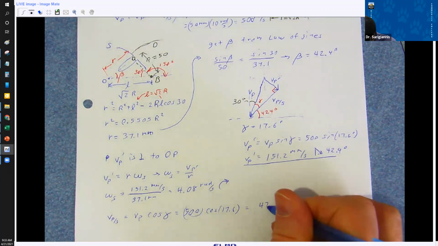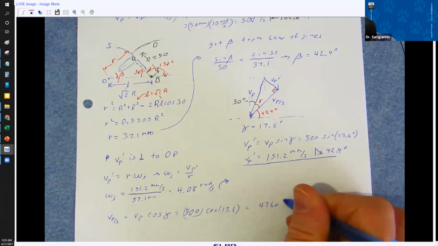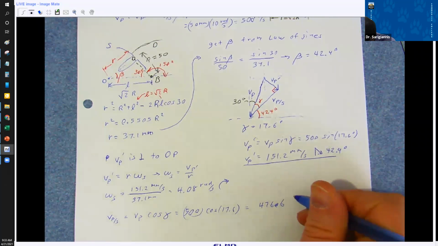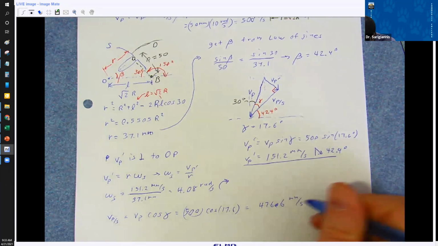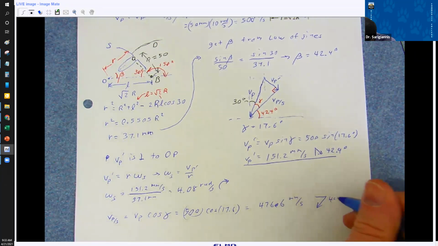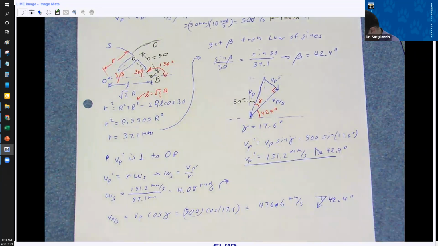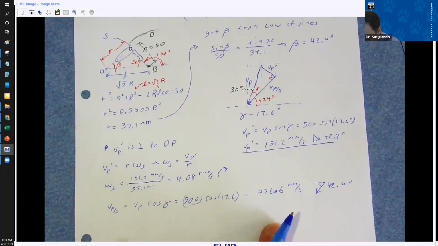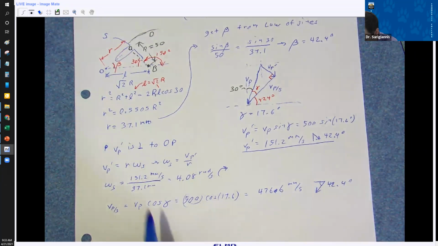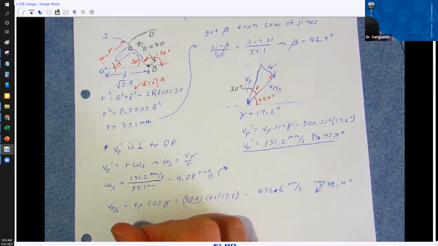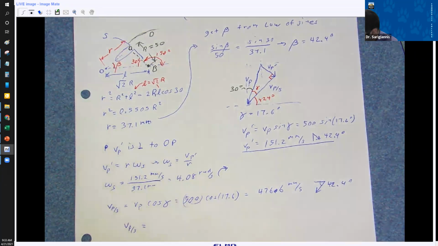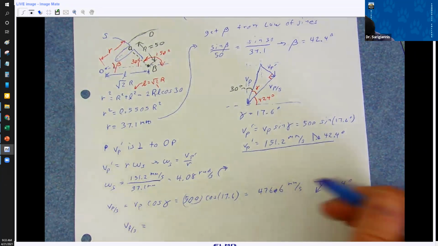Here we get 476.6 millimeters per second, and an angle of, this angle is 42.4 degrees that way. Now, you can also write this in vector notation, right? This is VP.